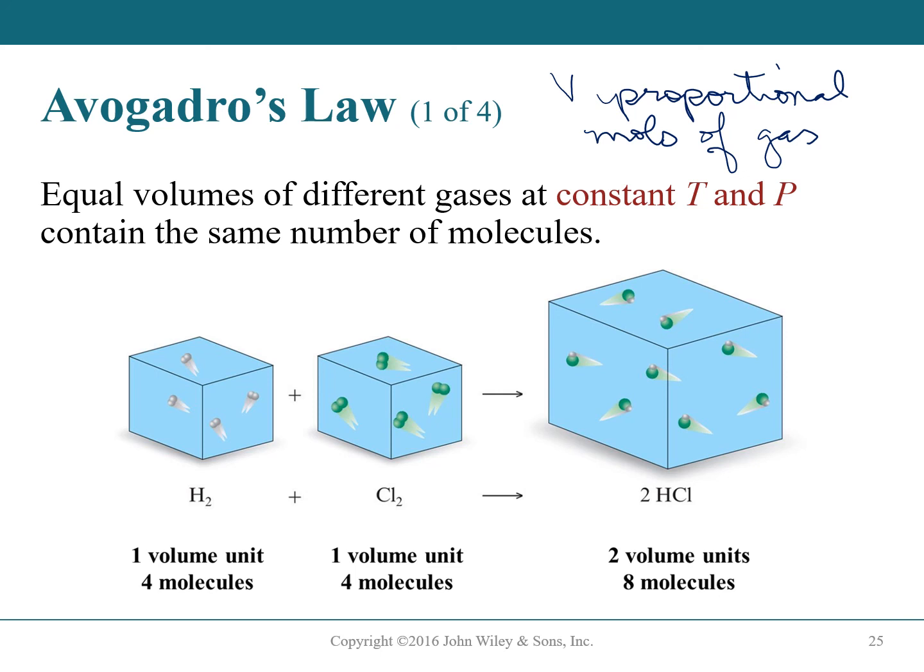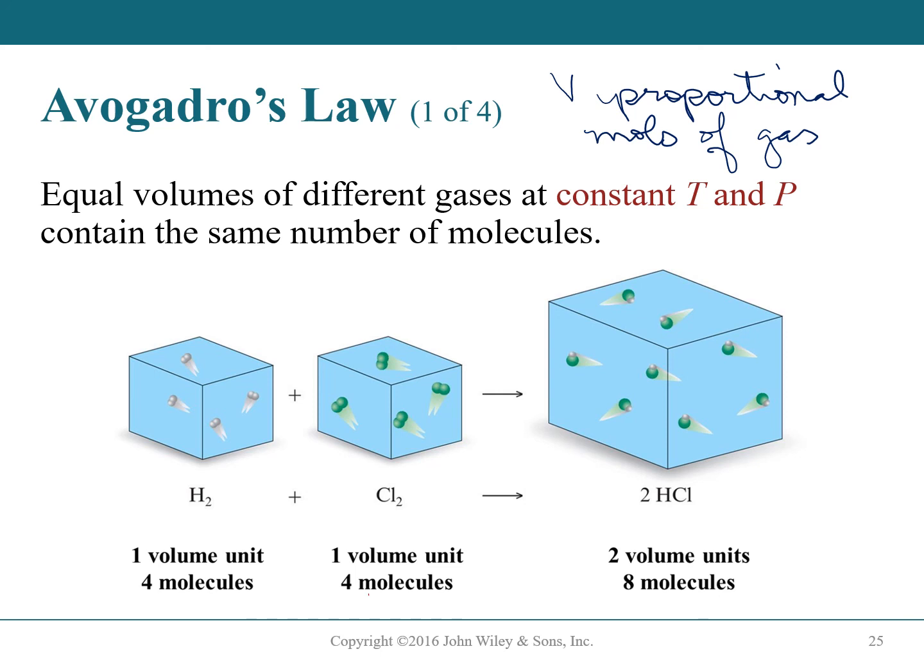So if I double the amount of air, you're going to double the volume. Okay, so if you have 4 molecules that take up this unit of volume, then if you had 4 molecules over here, it'll take up that same volume if it's the same temperature, same pressure. Notice it didn't matter what type of gas. It's just I have 4 gas molecules. It's going to take up the same volume.